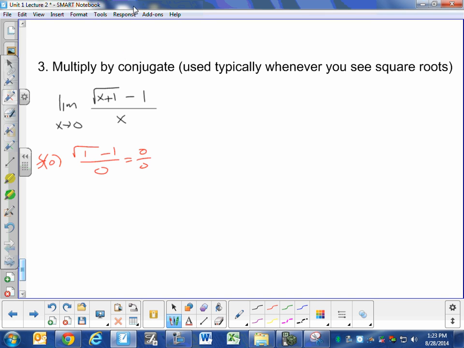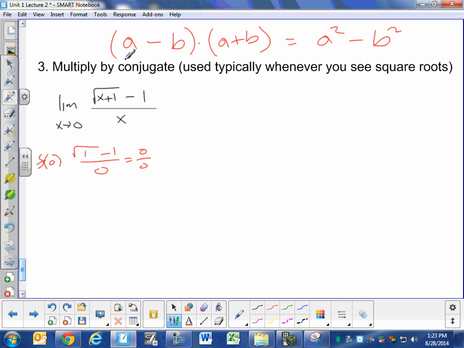Okay. Multiplying by the conjugate is useful, because if I have, say, a minus b, I can multiply that quantity by a plus b, and that gives me a squared minus b squared. The middle terms will cancel each other out. It'll have a positive AB and a negative AB, add them together, boom, gone.